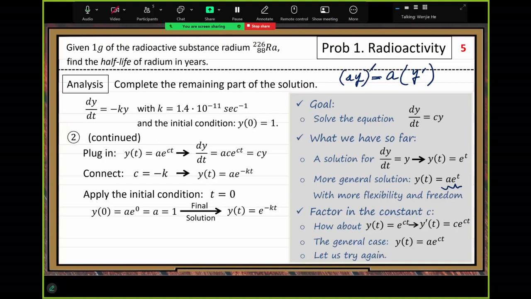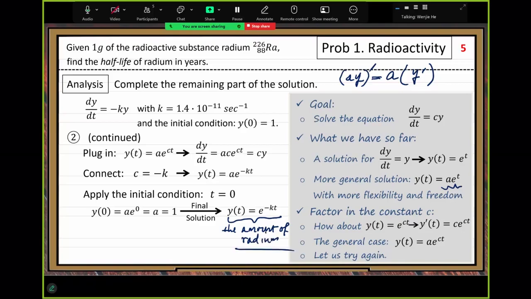We know the meaning of y is the amount of radium, right? So you need to keep in mind the amount of radium.